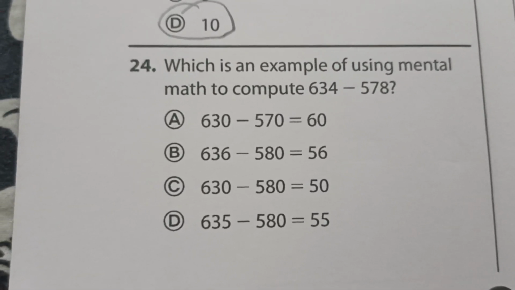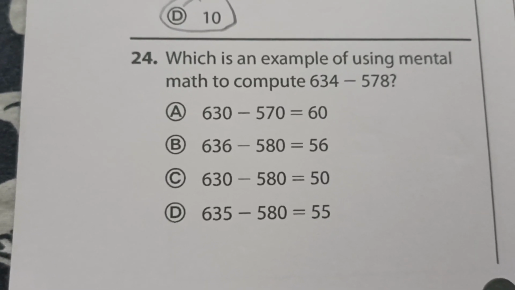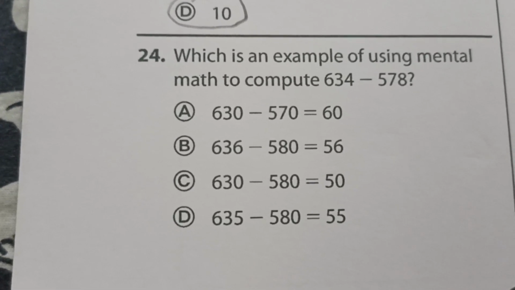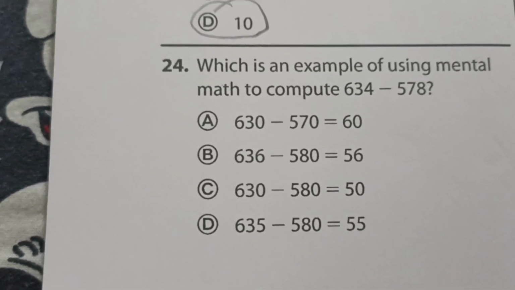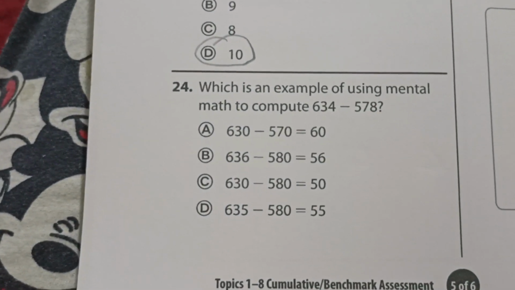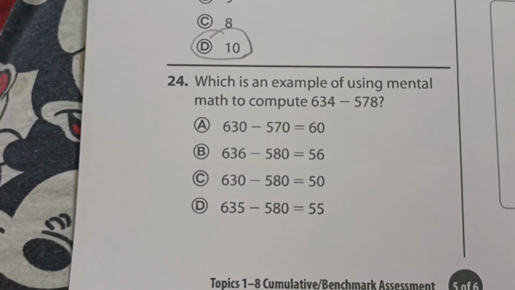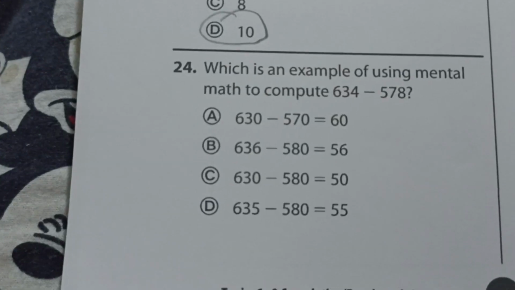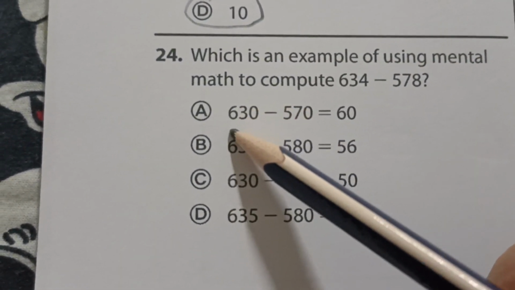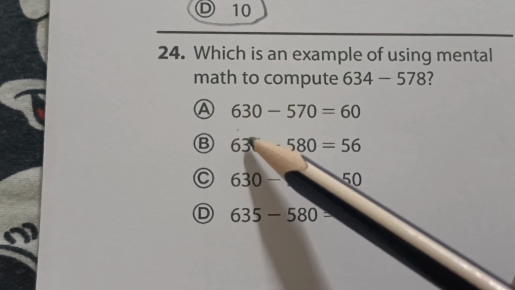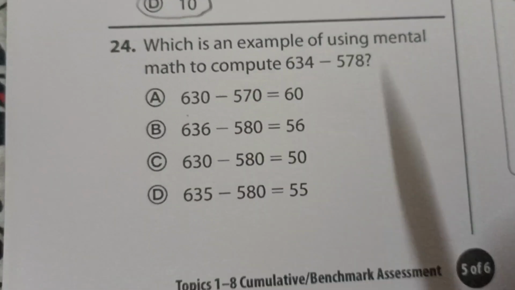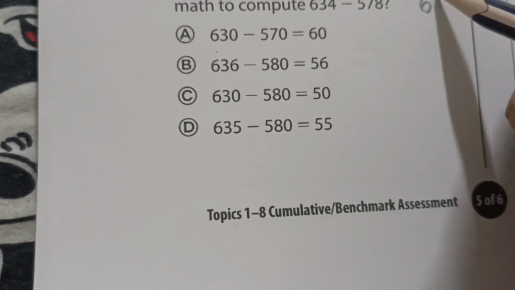Number 24, which is an example of using mental math to compute 634 minus 578. Okay, this is also a little bit confusing task because mental math, it's like even using compensation in our head. So, okay, to get the same answer, first of all, let us solve what is the real answer.